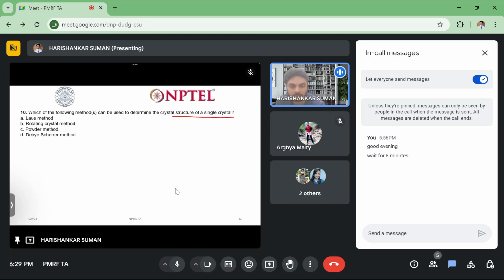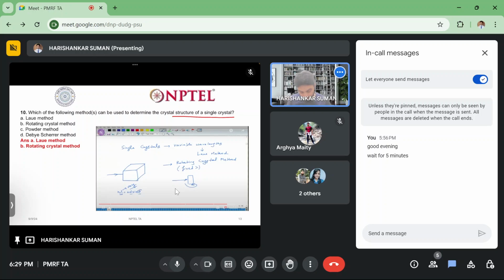So the answer is we can use Laue and rotating crystal methods for single crystal.